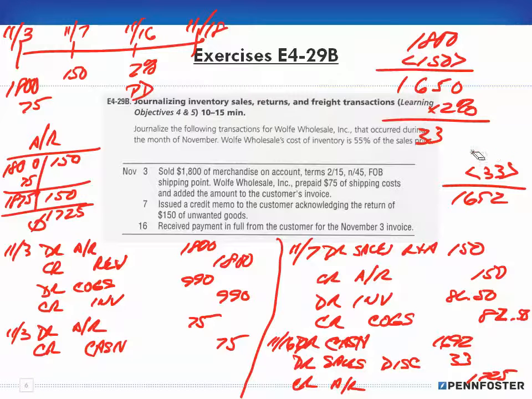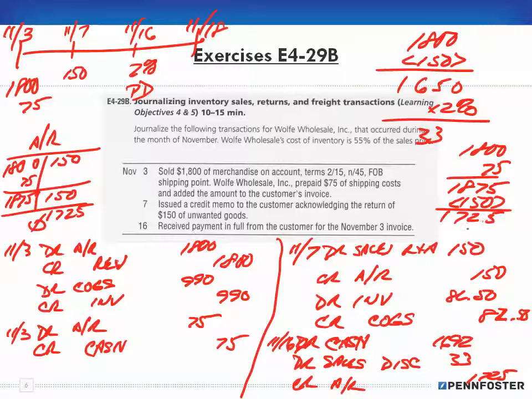However, we could take the $1,800 plus the 75, which gives us 1875, and then we subtract out what was returned, the 150, which gives us 1725, and then we subtract out the $33 discount, and that gives us the 1692 also. That's how we can come up with the same figure for cash.